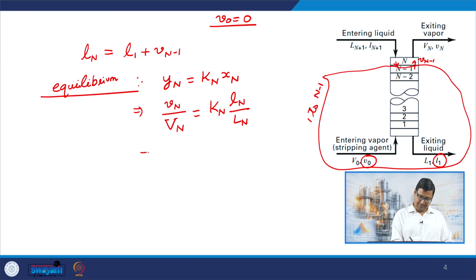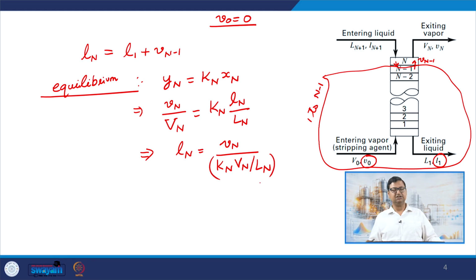So now I can write my Ln as Vn divided by Kn, Vn by Ln, by the rearrangement.